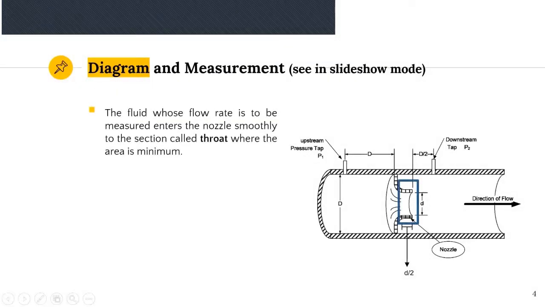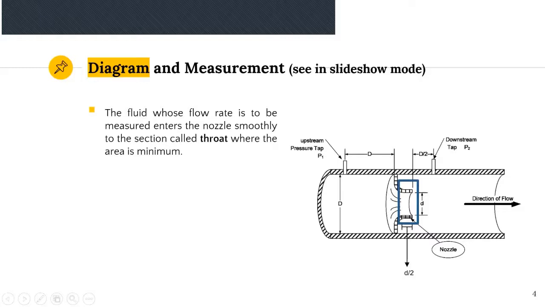As you can see here, this is the flow nozzle meter. Previously in the orifice you only have a mounted plate without any nozzle.